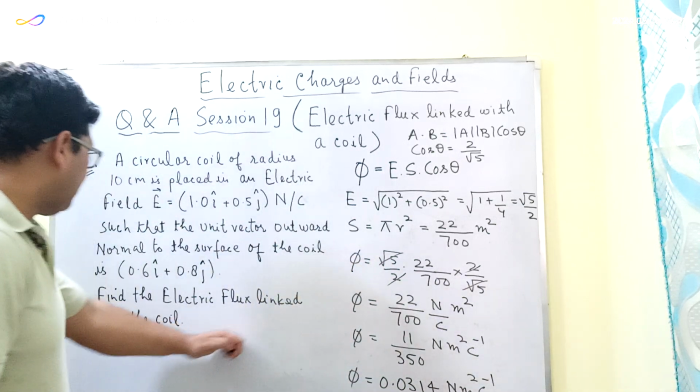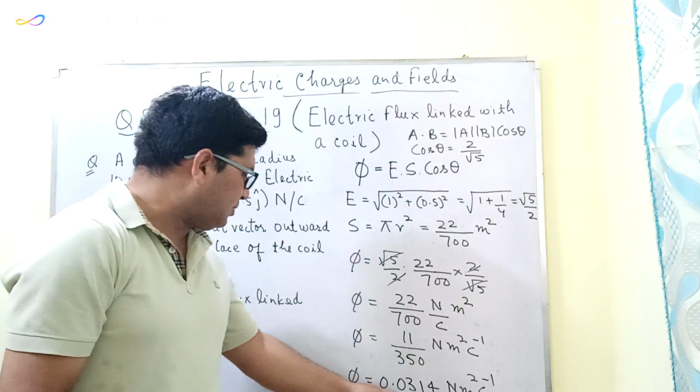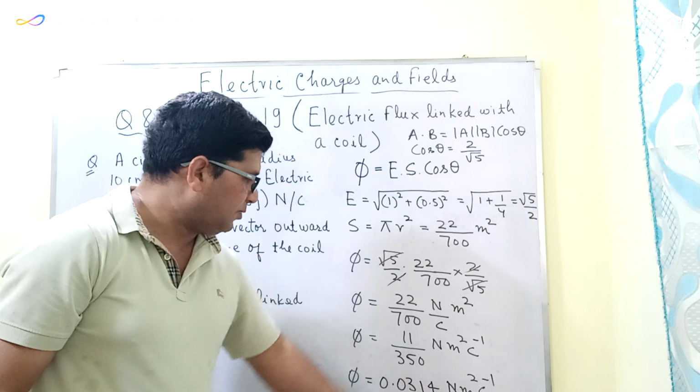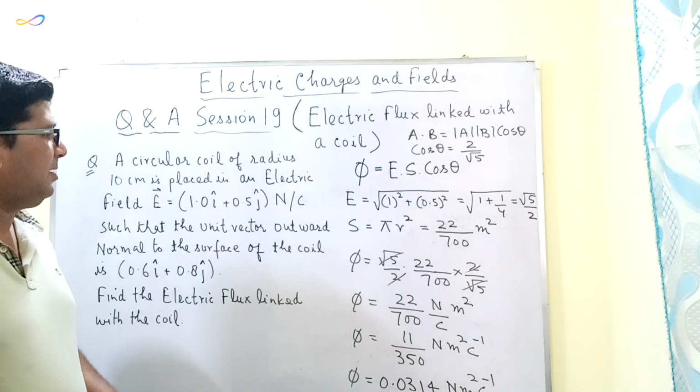So the electric flux linked with the coil is equal to 0.0314 Newton meter square per coulomb.